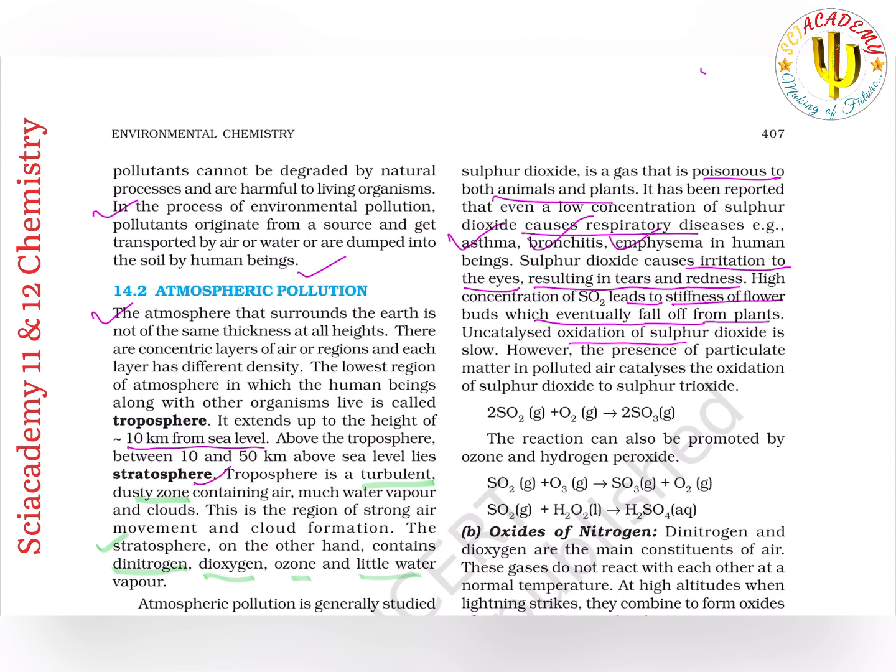Uncatalyzed oxidation of sulfur dioxide is slow. However, the presence of particulate matter in polluted air catalyzes the oxidation of sulfur dioxide to sulfur trioxide. 2SO2(g) + O2(g) → 2SO3(g).